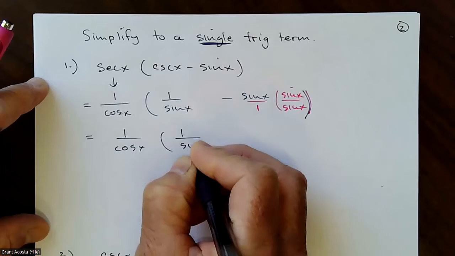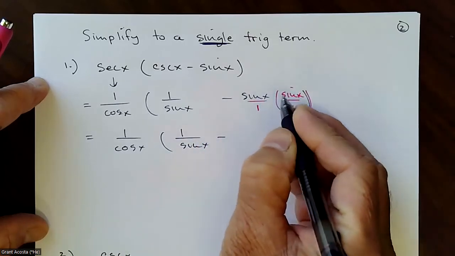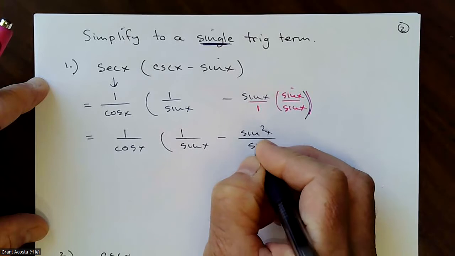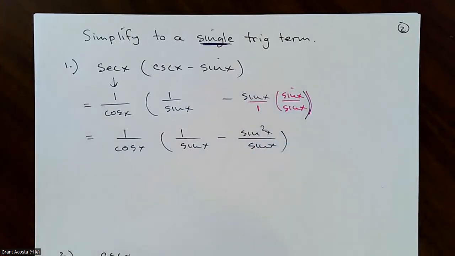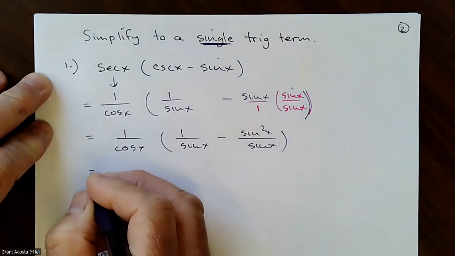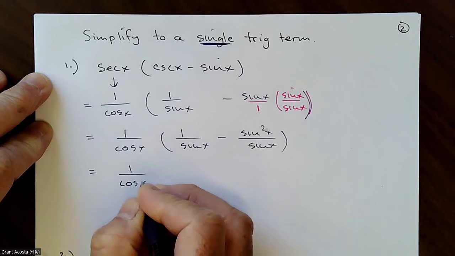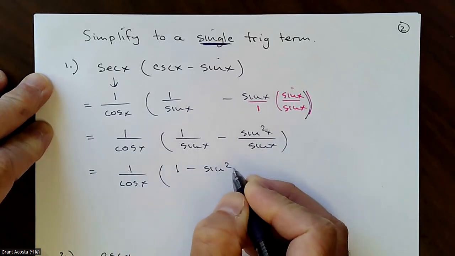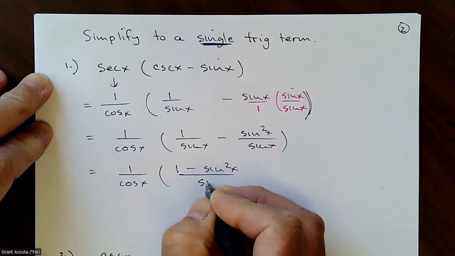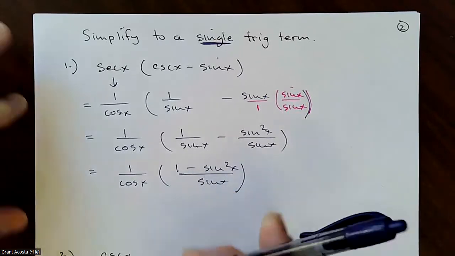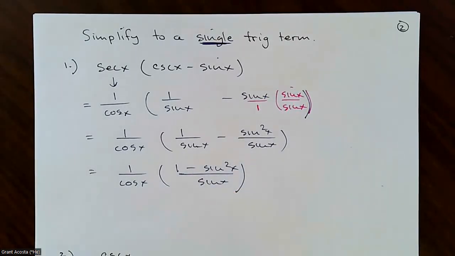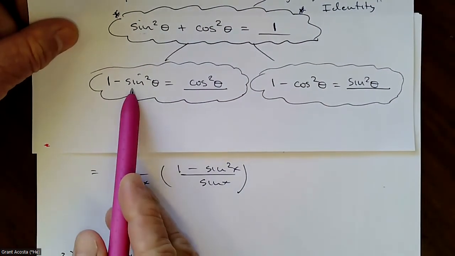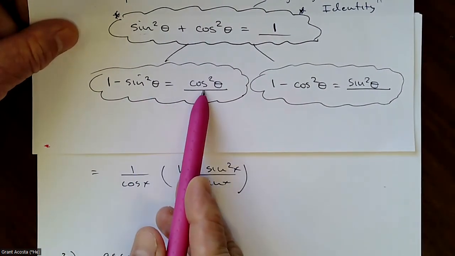1 over sine x minus sine times sine, which is sine squared x, over sine x. I have the same denominator, so this is the same as 1 over cosine times 1 minus sine squared x over sine x. And we just saw that 1 minus sine squared of x is the same as cosine squared of x.